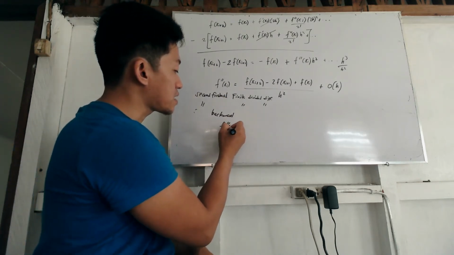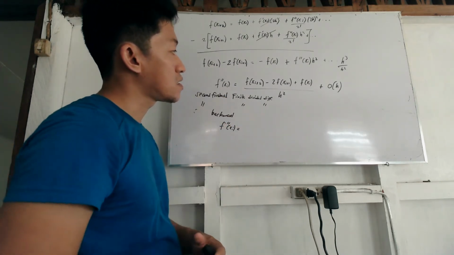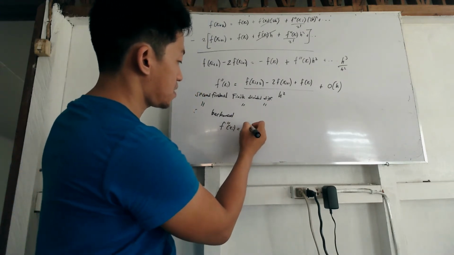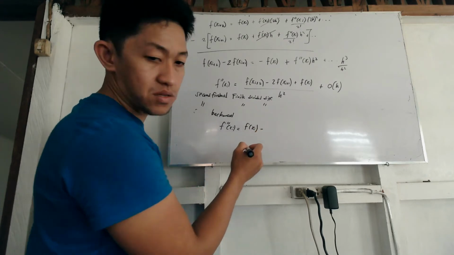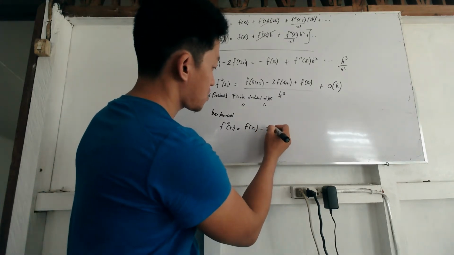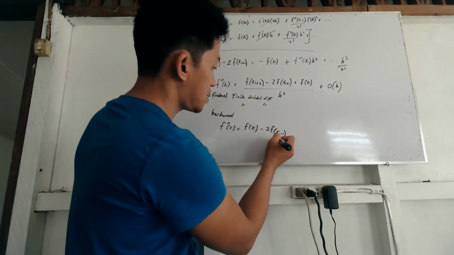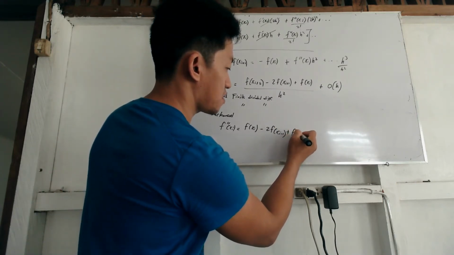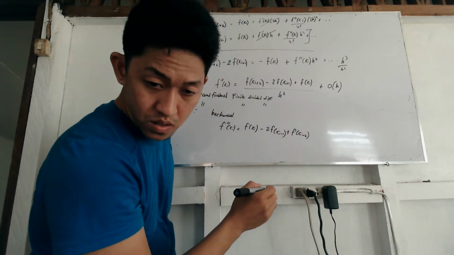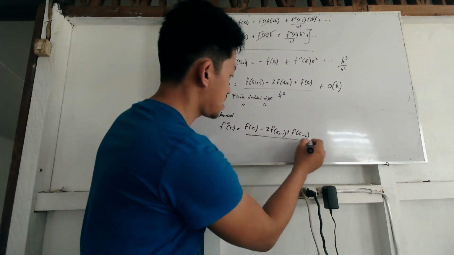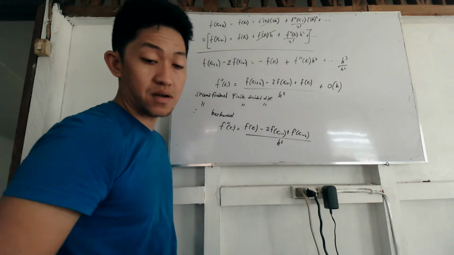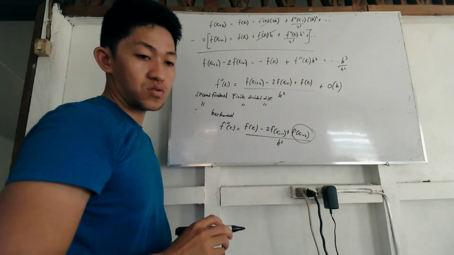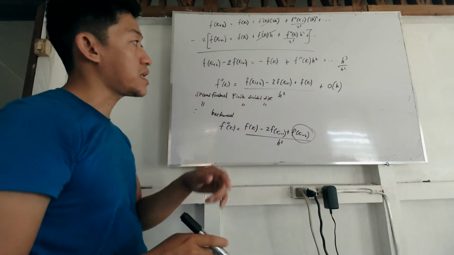This is equal to f of xi minus 2 f of xi minus 1 plus f of xi minus 2 over h squared. So as you can see, we'll have 2h from the left.